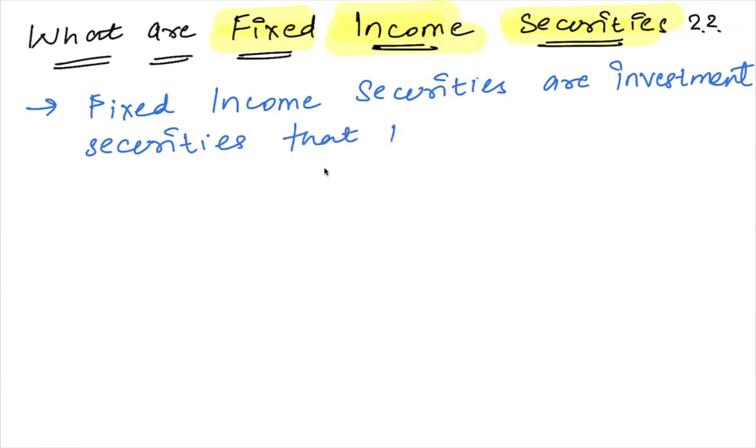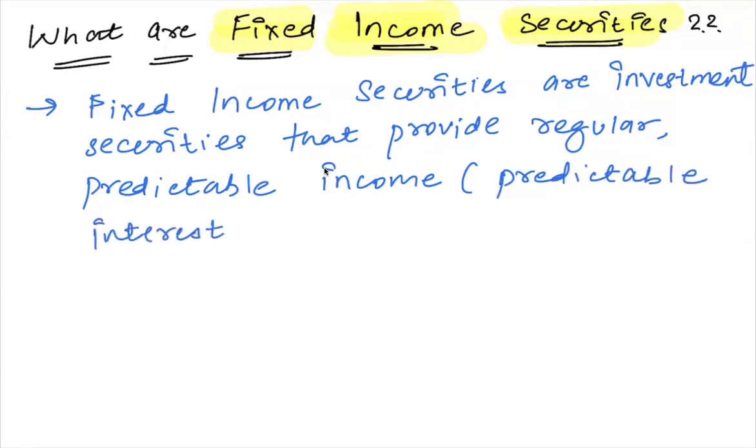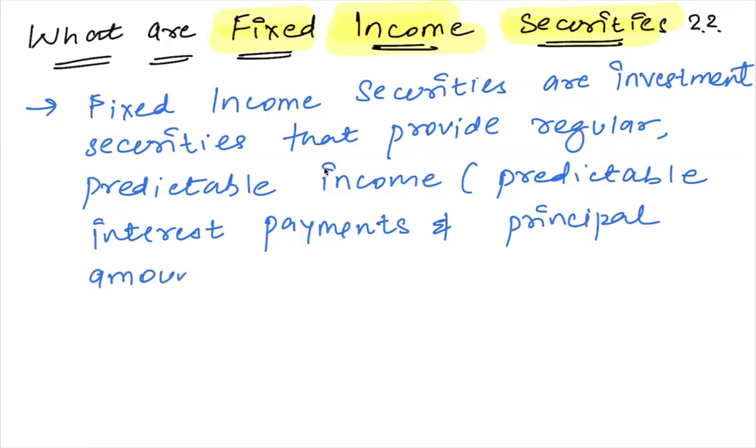that provide regular, predictable income. When I say predictable income, I mean it gives you predictable interest payments and the principal amount at the end.